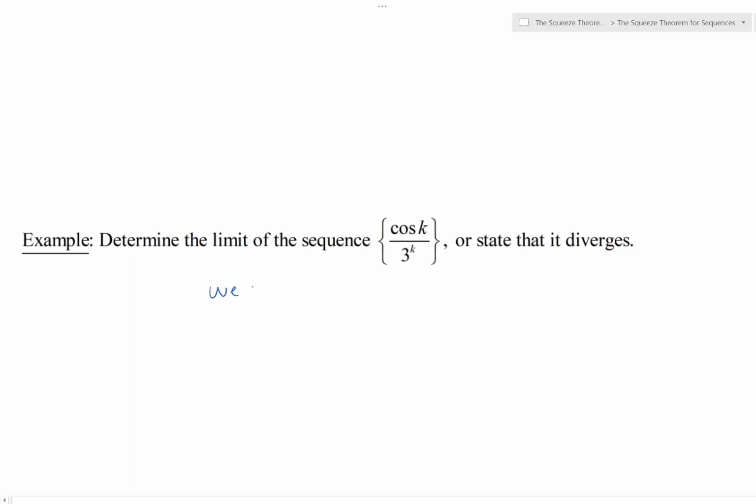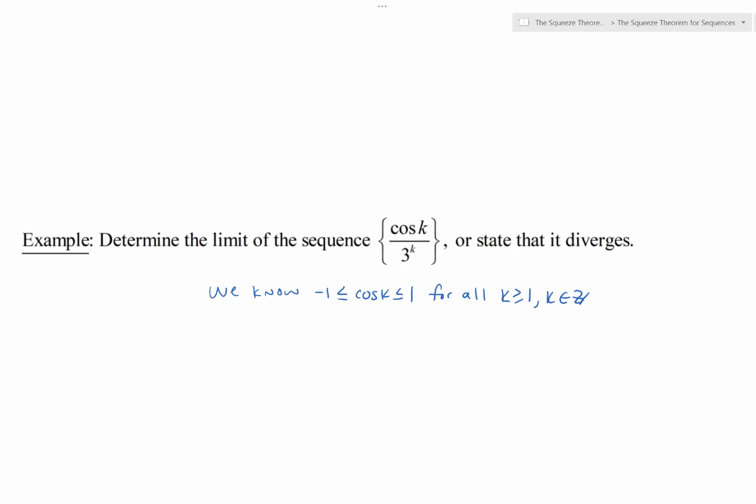We know that cosine k is between -1 and 1, for all values of k bigger than or equal to 1, where k is an integer. Cosine k doesn't go above 1 or below -1 ever, for all real numbers, so for all positive integers that's true too.